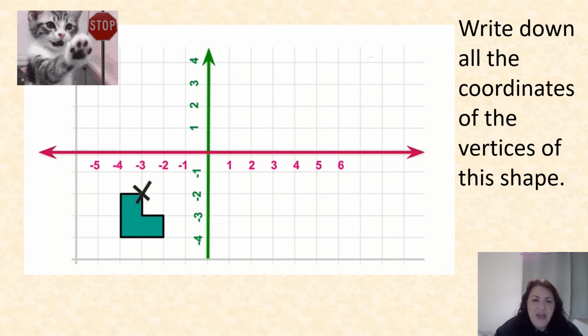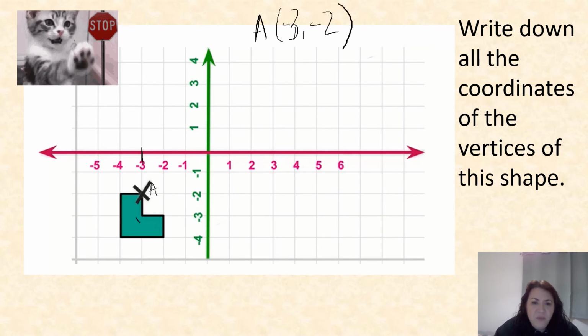So let's call this one A, the one that's got the cross on it. So A, I'm going to do it over where I've got space up here. So A, -3, -2. Let's go clockwise. So B is going to be this internal one, which is -3, -3. C is going to be this one, which is -2, -3.